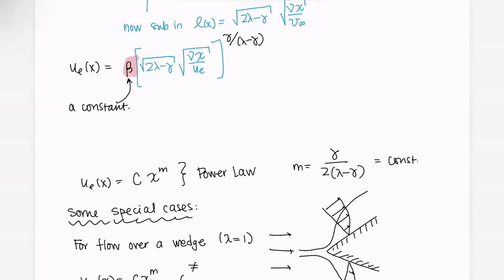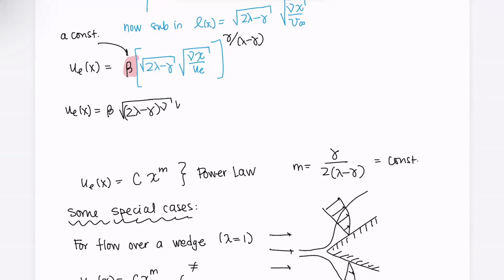I'm gonna let me just move this, this is a constant thing up here. This is a constant. Okay, and then, all right, so we have UE of X is equal to beta times square root of 2 lambda minus gamma quantity times nu.